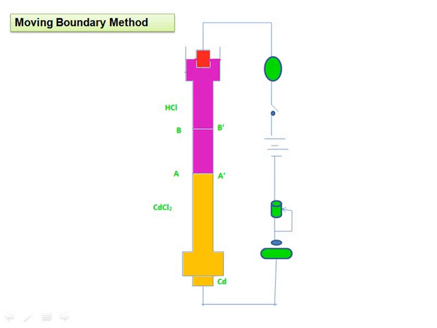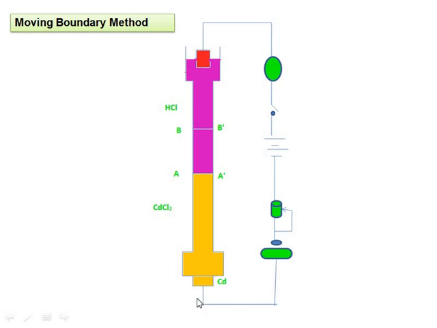Next, we look at the moving boundary method. In this method, we can determine the transport number either by measuring the velocity with which an ion moves, or by measuring the charge transferred by the movement of the ions. This diagram shows the moving boundary method. These are the two electrodes.